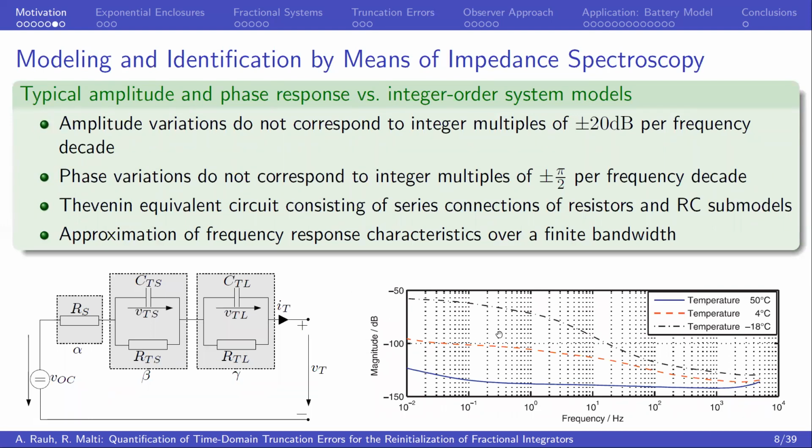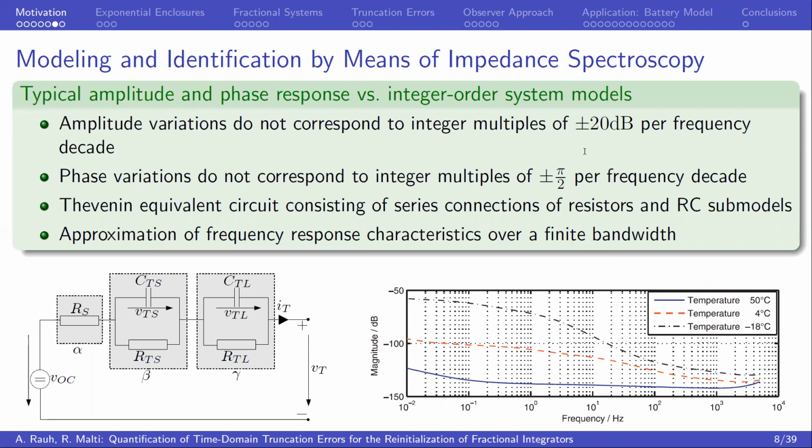Here, for different temperatures, you can see in each of these black, red, and blue curves that the corresponding amplitude variations, like in the scenario before, do not correspond to classical variations of integer multiples of plus minus 20 decibels per frequency decade.